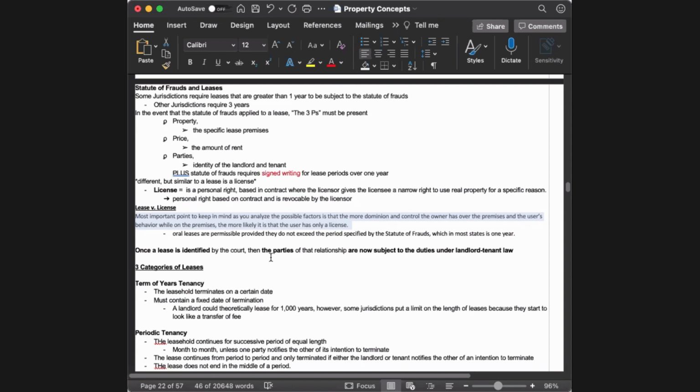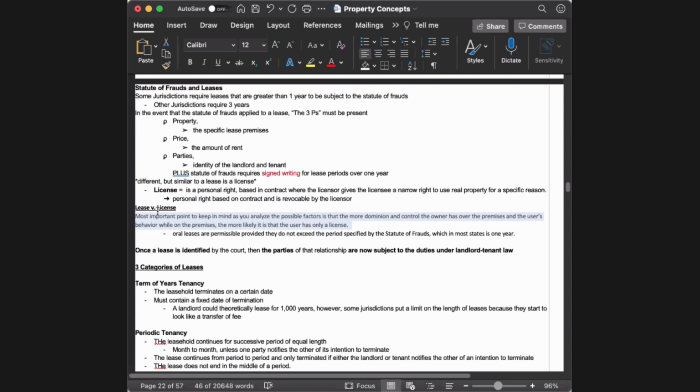You'd usually just say to somebody, yeah, you can use the property for that reason, and you've given them a license. There are some cases where you can do an oral lease, if it doesn't have to meet the statute of frauds. And that is pretty much with regards to the statute of frauds.